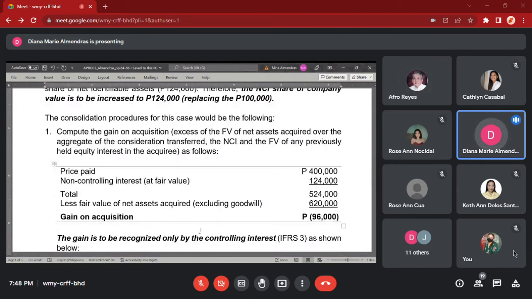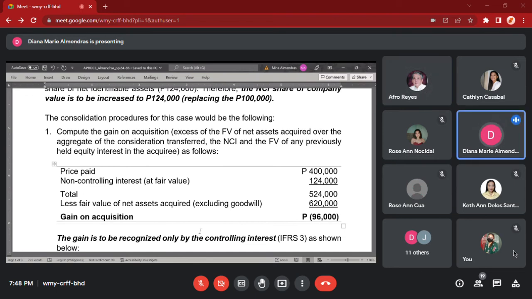Compute the gain on acquisition, excess of the fair value of net assets acquired over the aggregate of the consideration transferred, the non-controlling interest and the fair value of any previously held equity interest in the acquiree, as follows. Price paid 400,000 pesos, non-controlling interest at fair value 124,000 with a total of 524,000, less fair value of net assets acquired excluding goodwill 620,000.